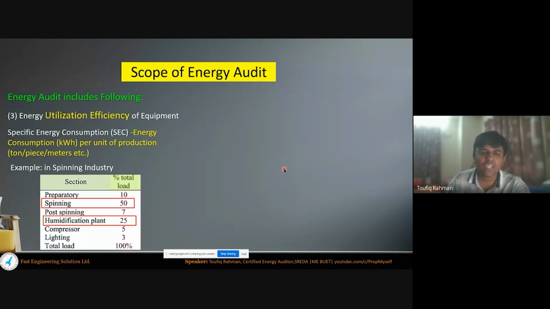So if 1 ton of product has been produced using some kilowatts, then maybe it can be changed to somewhat less. Here you can see spinning industries, which have different parts. Here it is 100% total energy, 50% energy is going to spinning, and the humidification plant is 25%.